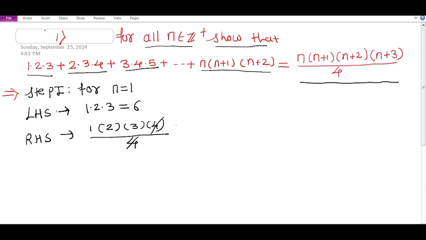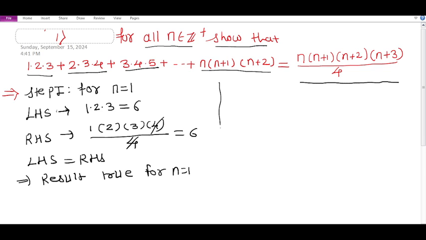If you cancel this, it is again 6. So LHS is equal to RHS. This implies the result is true for n equal to 1.